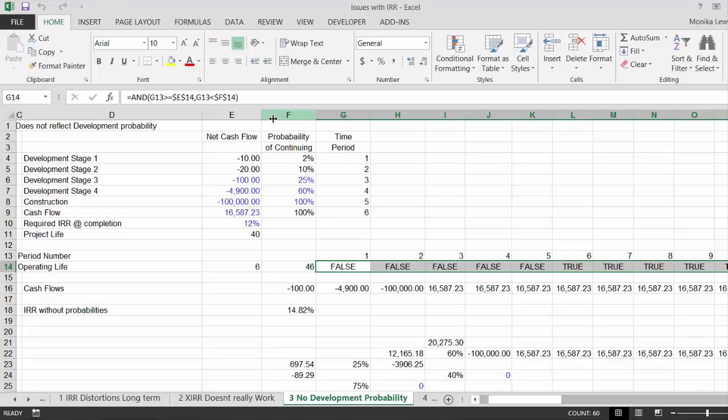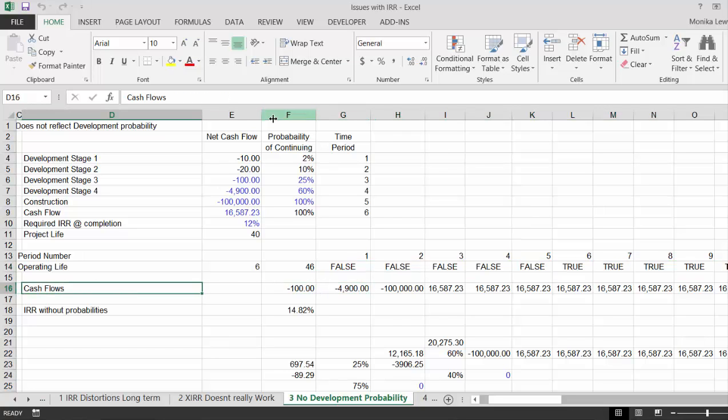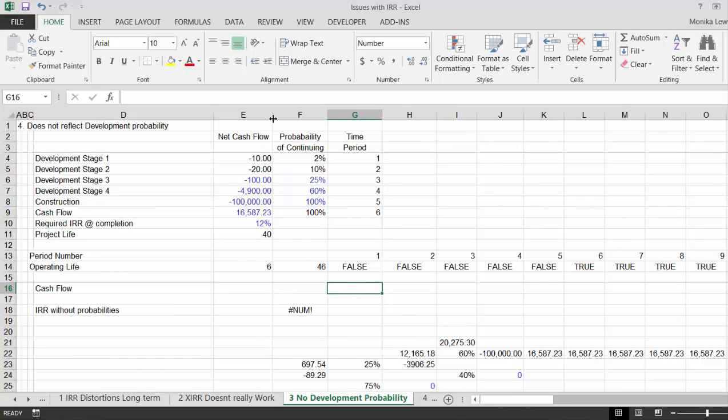Okay. Now, this is the cash flows. Now, instead of doing it like this, let's put an equal lookup. To do this better, we should have transposed this whole thing. 1, 2, 3, 4. Okay.